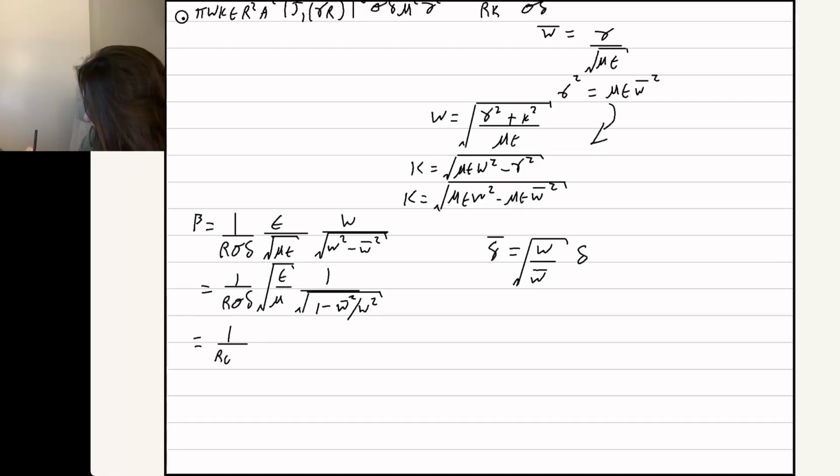So making that substitution, we'll have r delta bar sigma, we'll have the square root of epsilon over mu. You'll have the square root of omega over omega bar. And then you'll have 1 over square root 1 minus omega bar squared over omega squared.